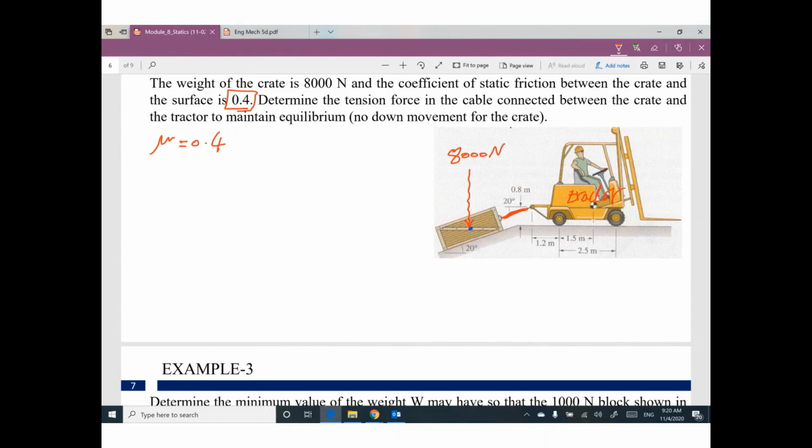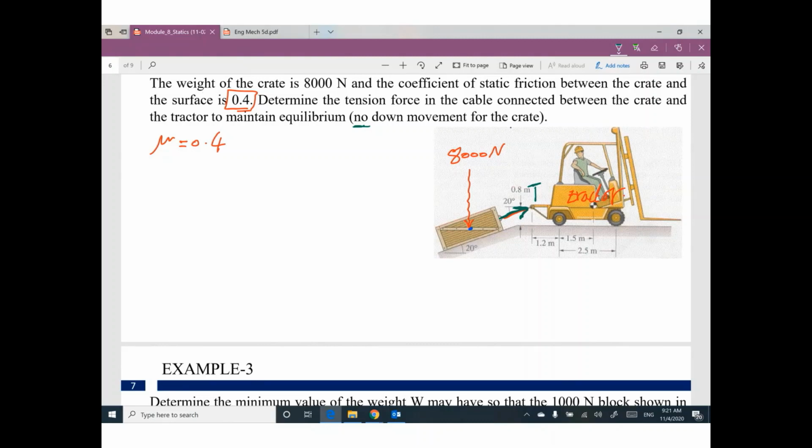Can you tell me what is the force in this cable? I expect that I have a force here. I will call it T. I'm looking for the value of this force to make sure this box will not slide. So determine the tension force in the cable connected between the crate and the tractor to maintain equilibrium. Equilibrium means no downward movement for the crate.